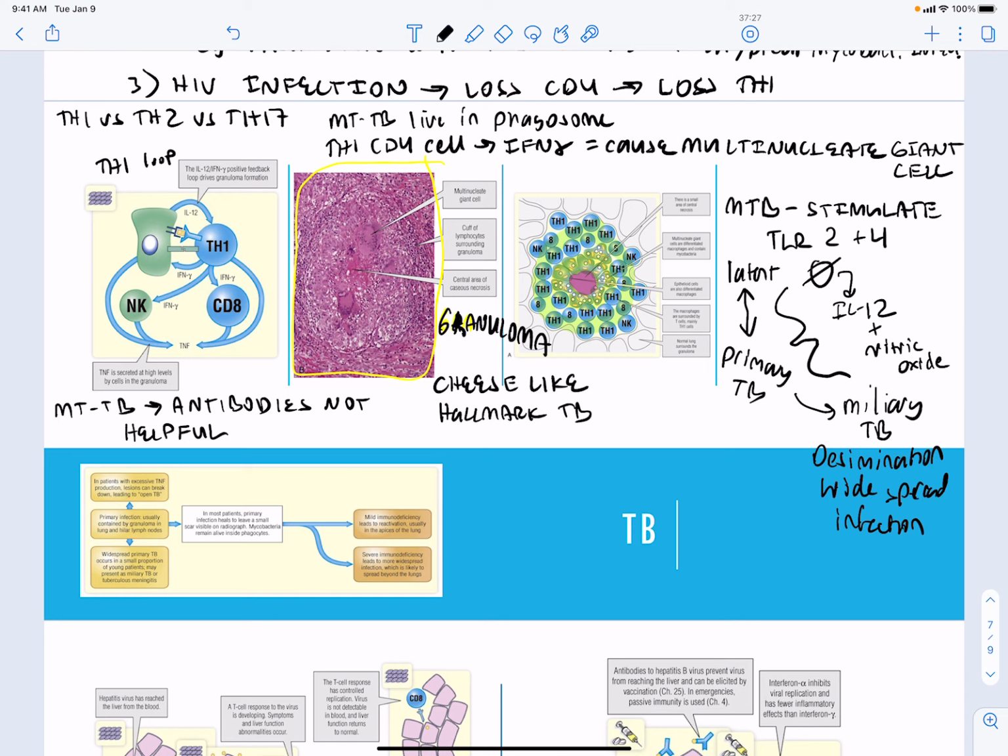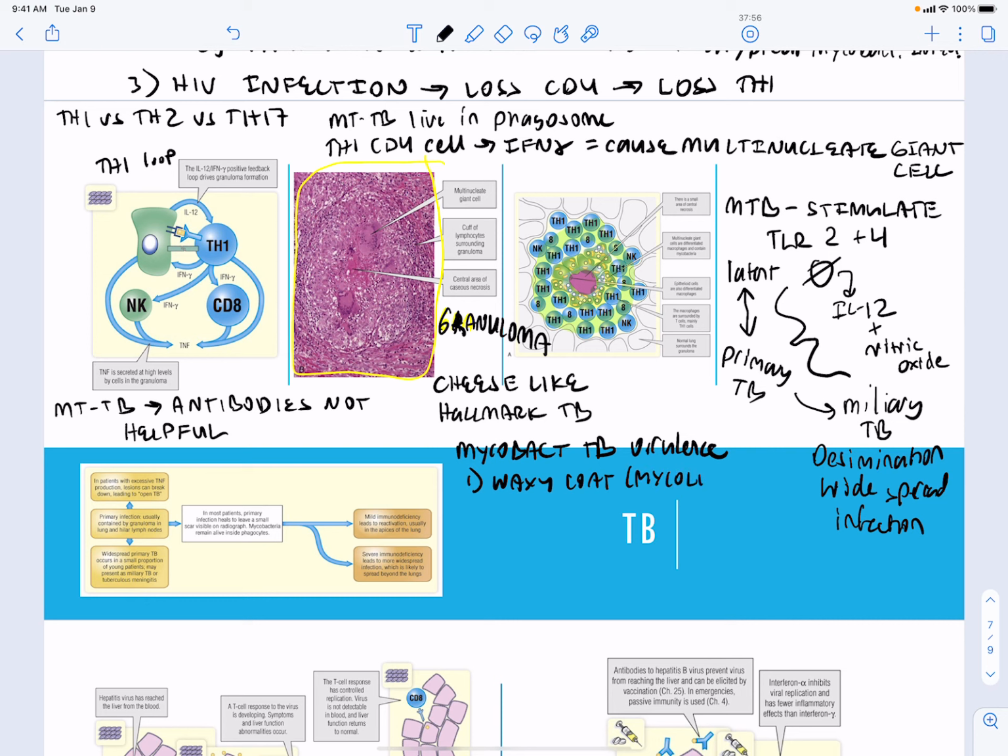Now, Mycobacterium has virulence factors. And virulence factors are factors that pathogens have that help it to overcome our defenses. And so it has a waxy coat, glycolic acid. And this helps it to be hard to phagocytize. But our phagocytic cells eventually do eat it.